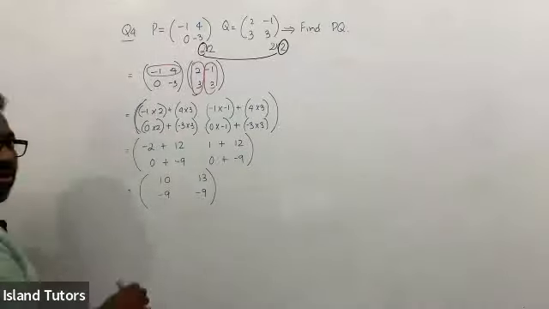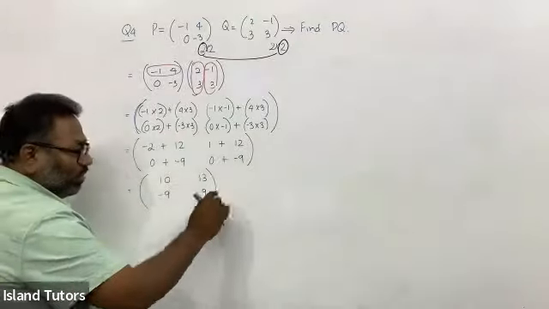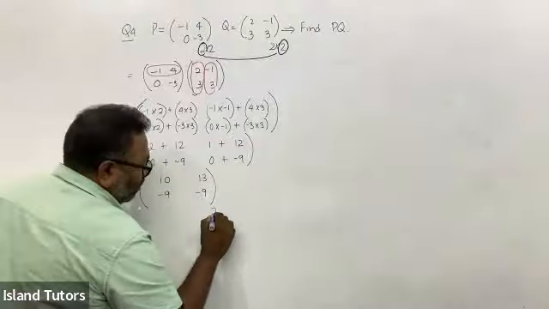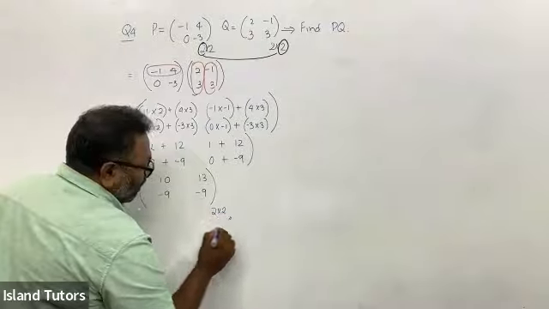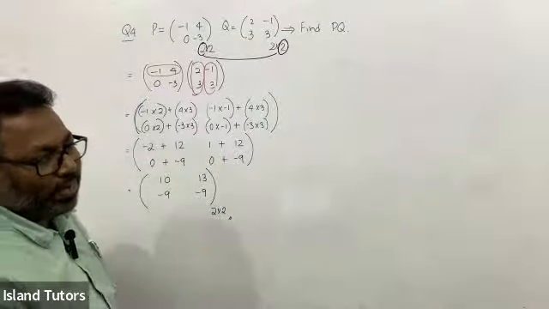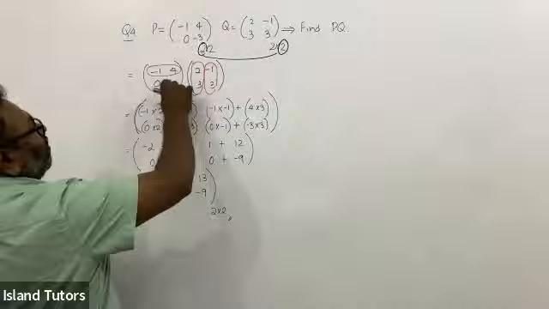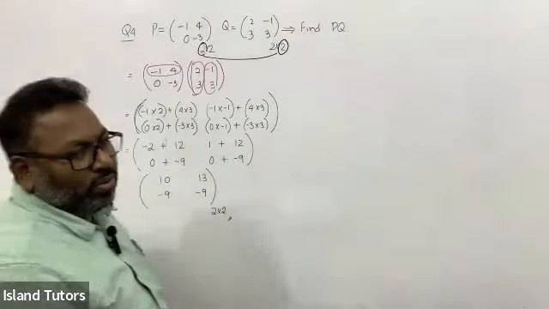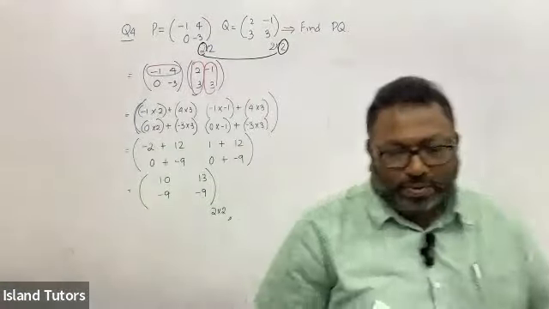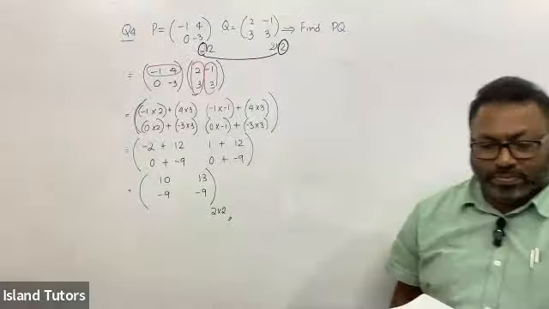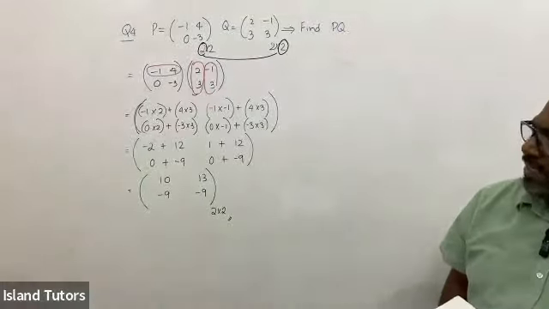Okay. So therefore, you have 2 rows, 2 columns. That will be your answer for P multiplied by Q: [10, 13; -9, -9]. Please take it down.